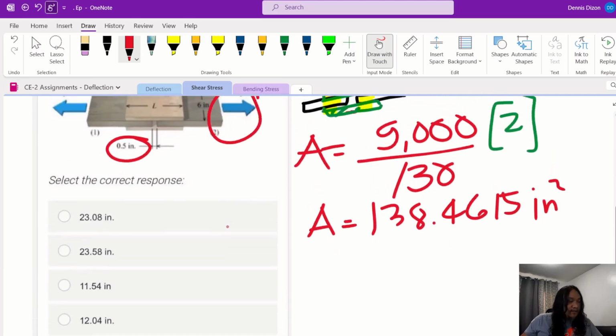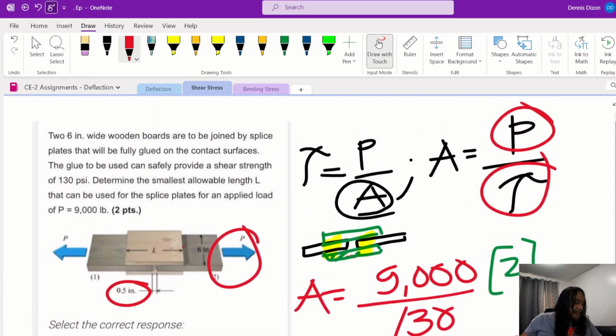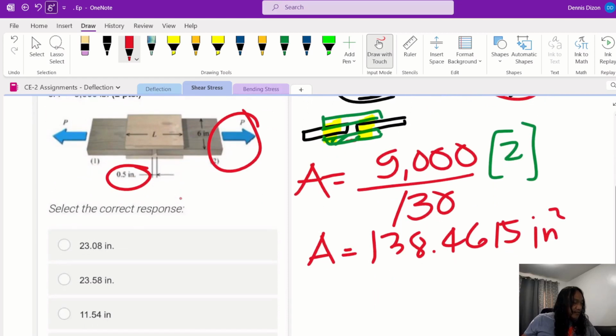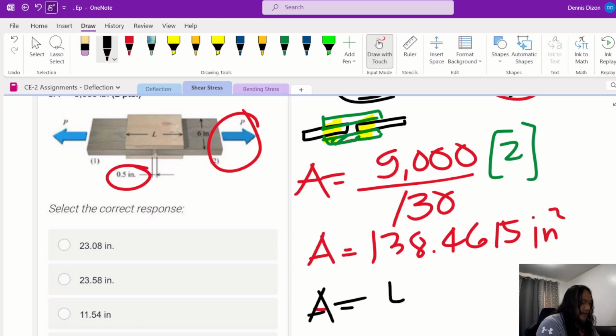So that is our area required. Now, in this diagram, the contact area is L minus 0.5, right? We have a half inch gap here, so we will subtract that from your total length.